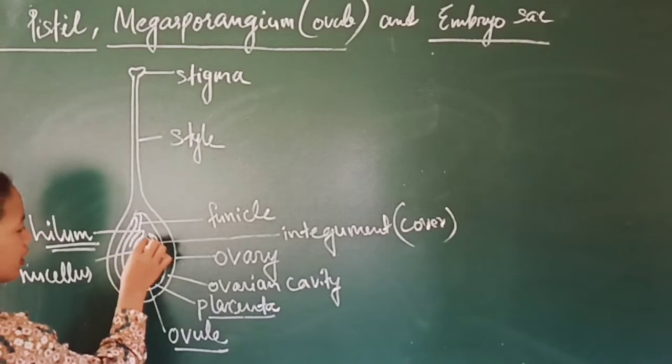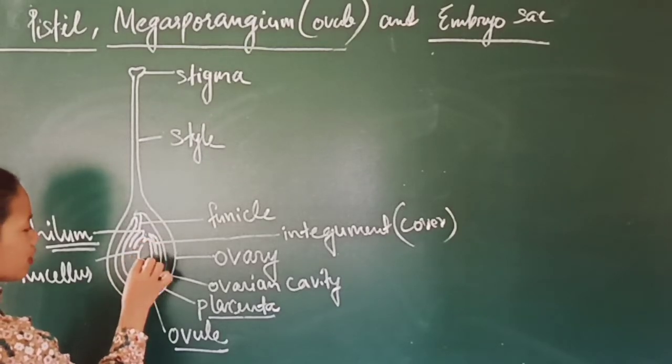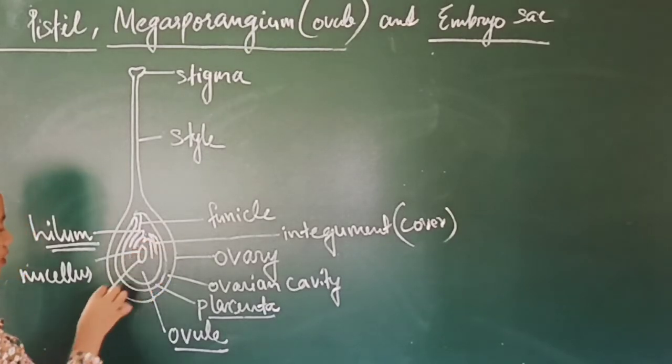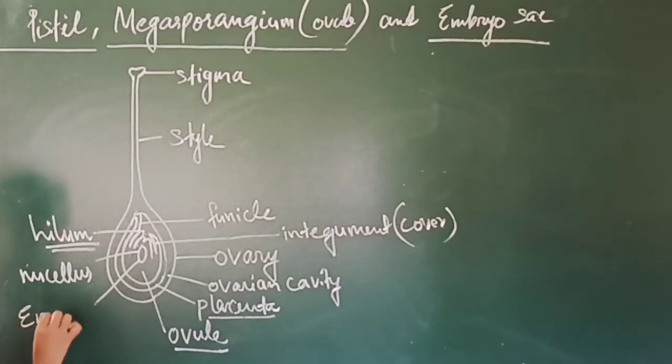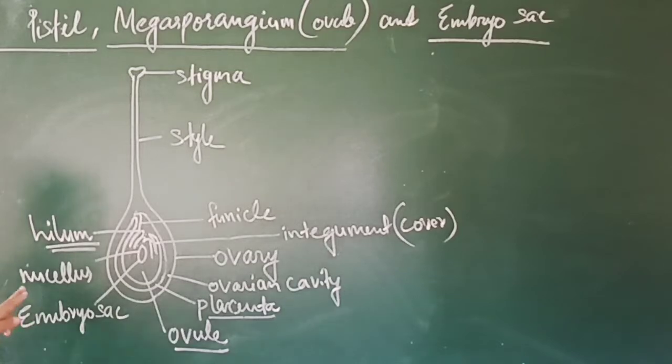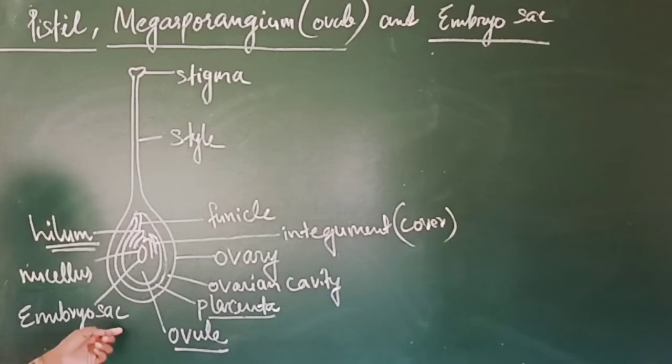And inside this nucellus, at last you'll find a structure that will develop into the embryo sac. Now this nucellus acts as a food reserve. It stores lots of food and gives nourishment for the developing embryo.